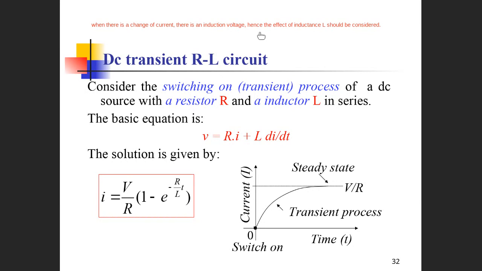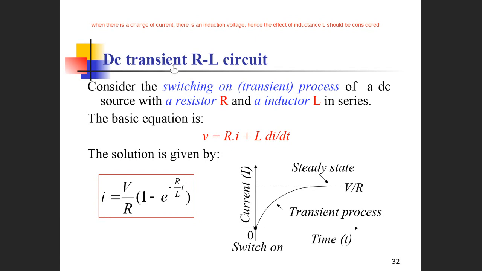In the DC circuit, at least you have the switch on and switch off process of the circuit. When you switch on, the circuit is closed, and the current increases from 0 to certain values. This process we call the transient process.